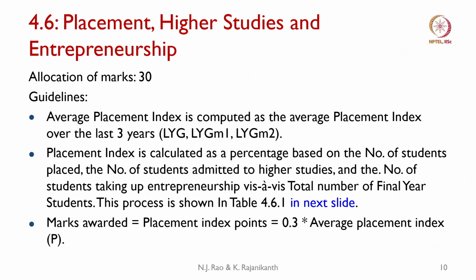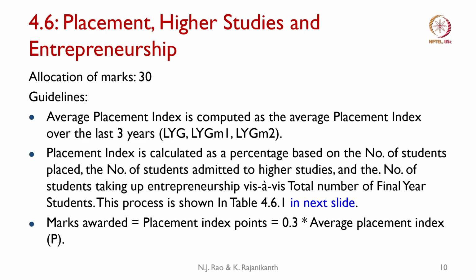So, average placement index is computed as the average placement index over the last 3 years: the last year of graduation, the prior batch and the prior batch, that is, 3 batches will be taken. In each case we find the placement index, and the average of these is taken as the average placement index.